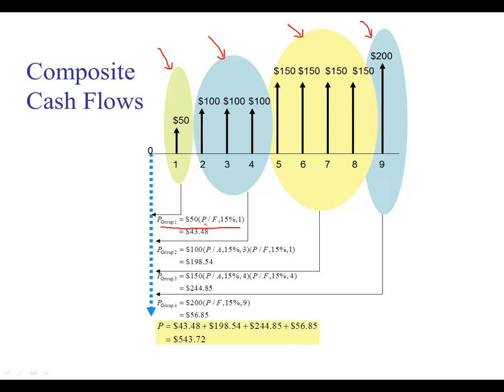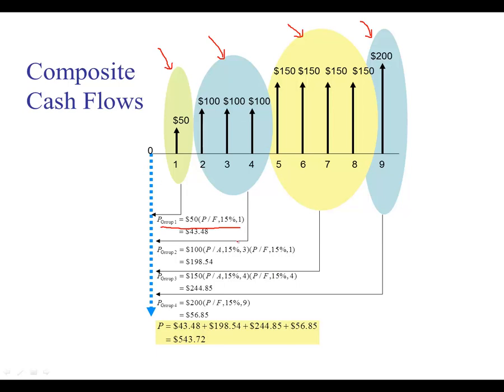Using the formula P given F with 15% interest and 1 year, we will get $43.48.